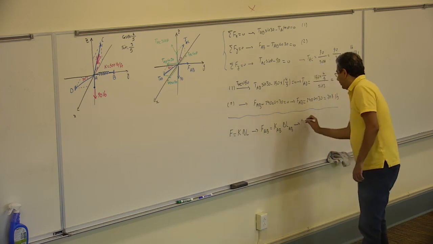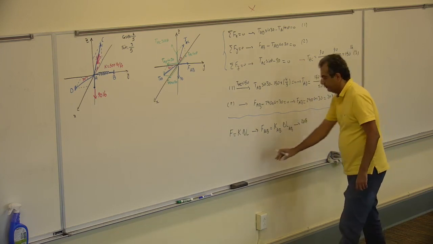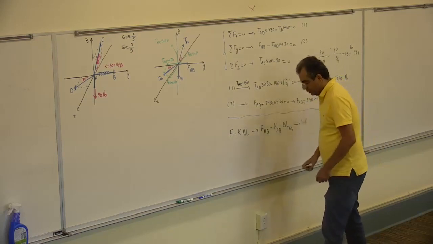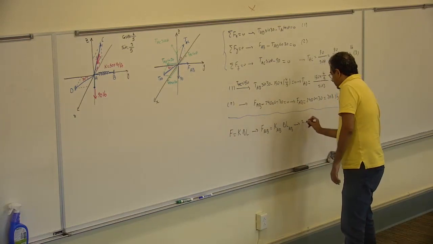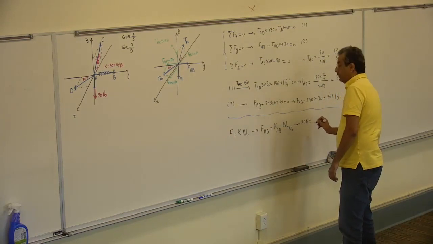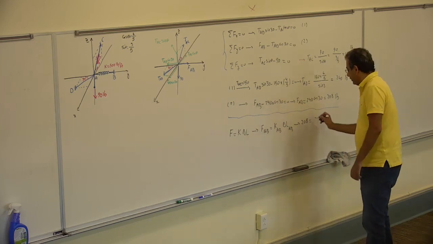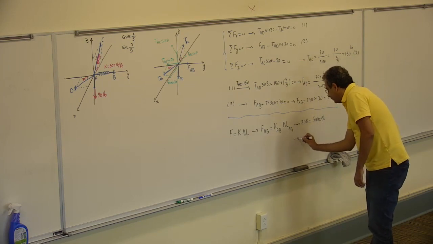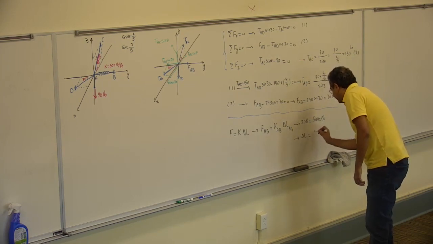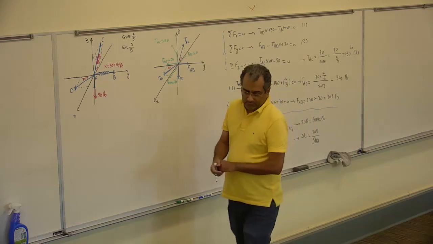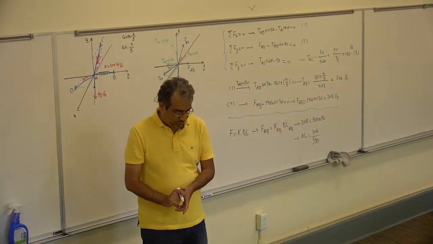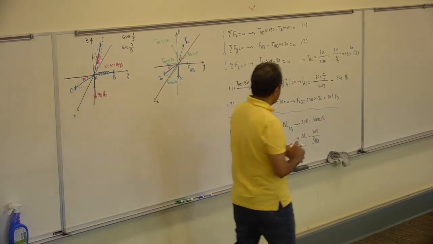So it's going to be 208 pounds, and K is 500. That's delta L. So delta L would be 208 by 500 foot. So it's going to be 0.41.